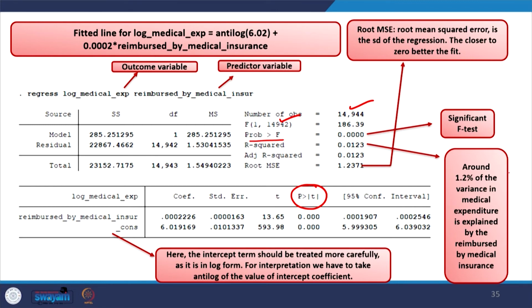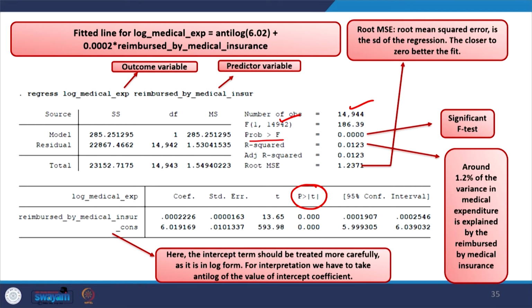The model says whether it has a perfect fitted line or not. R square and adjusted R square values, which we explained earlier, are important. R square suggested that around 1.2% of the variance in medical expenditure is explained by the reimbursement by medical insurance.